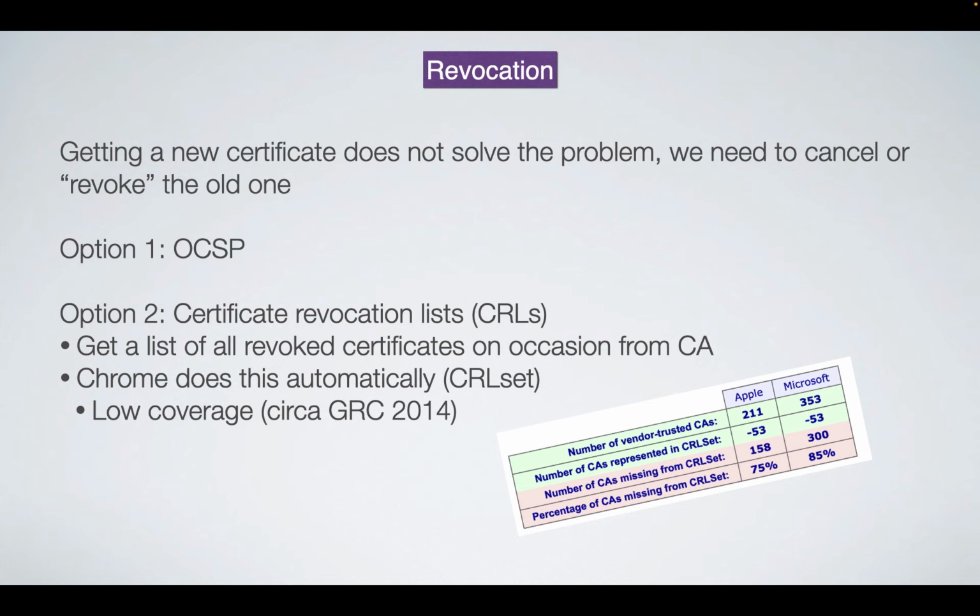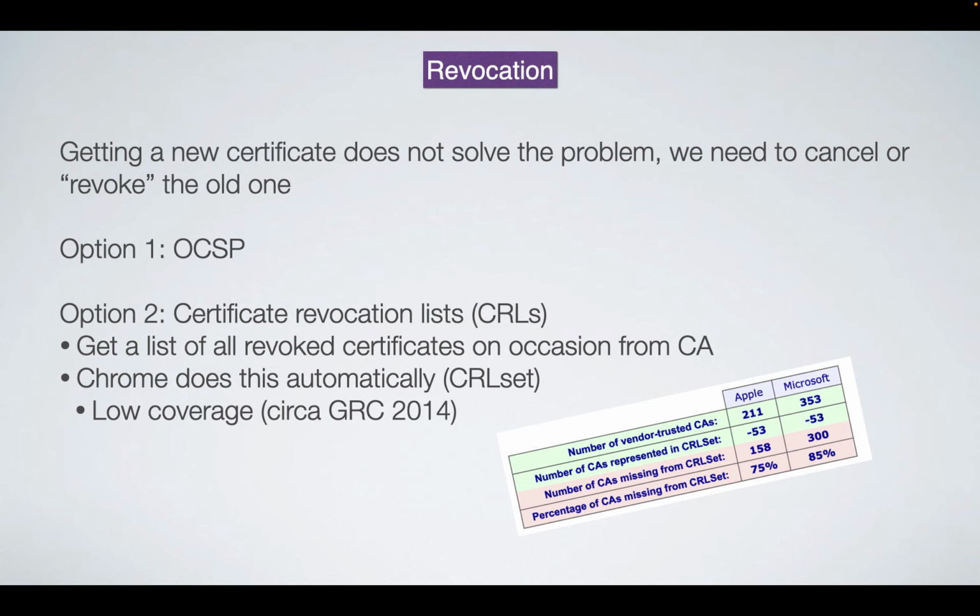Google, the company, will go around to a bunch of CAs and say, give me all your lists. They'll package it all up into a list they call the CRL set, and then push it to you in Chrome, probably using some sort of secure connection, using HTTPS. They're able to do that because the keys are pinned in Chrome, meaning they're not actually relying on CAs in order to do that, okay?